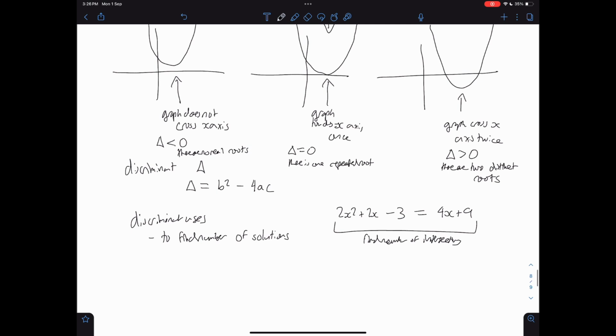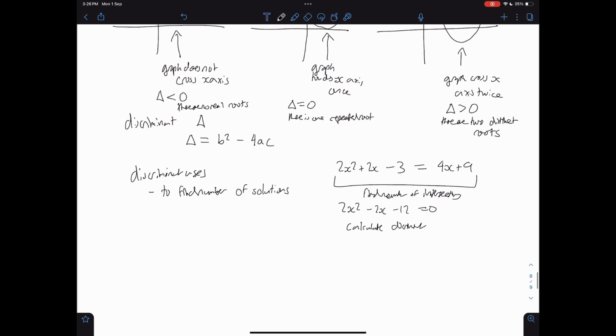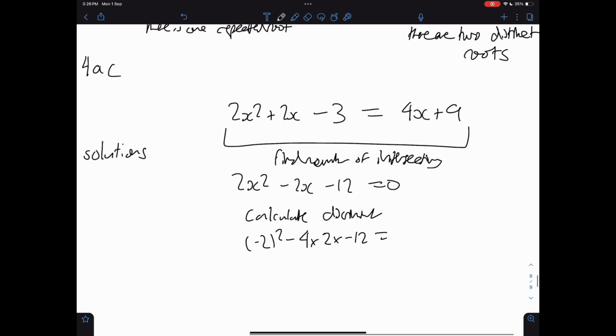What you would do is rearrange and then calculate the discriminant. So that would be b squared minus 4 times a times c, and so that's 4 plus 96, which is 100.